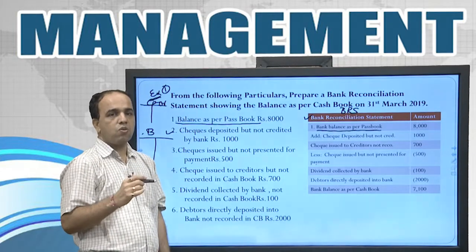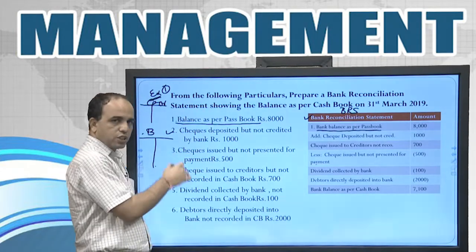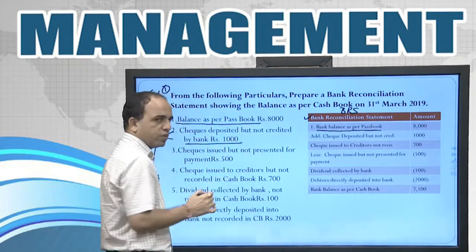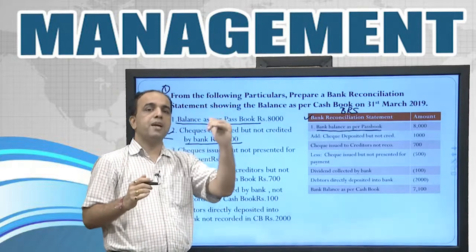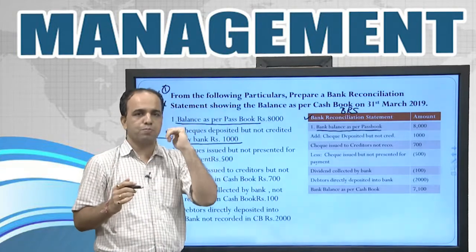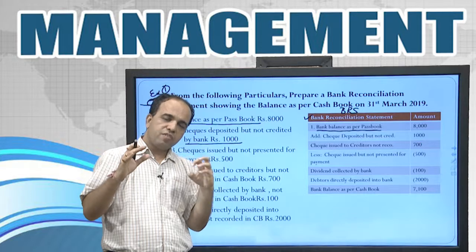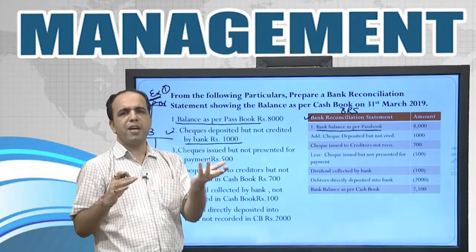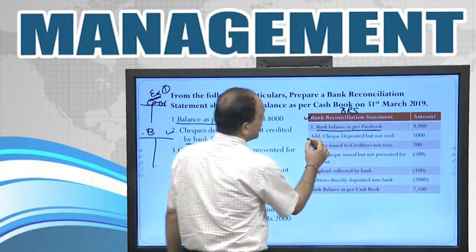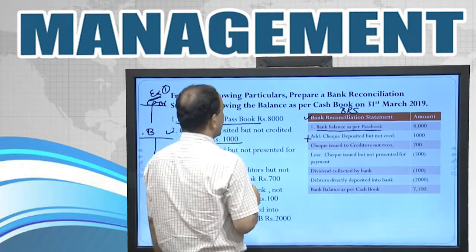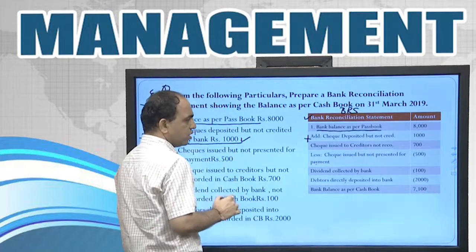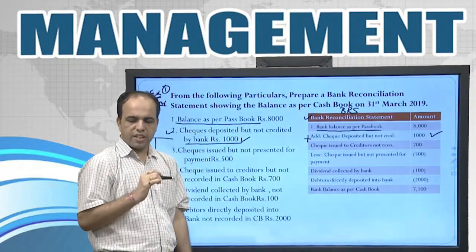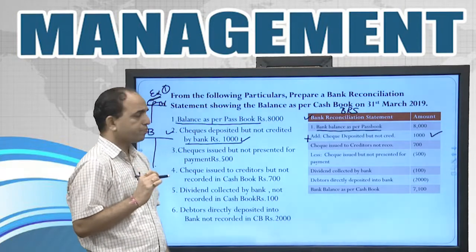But now we came to know from the transactions that a check was deposited but not credited by the bank, rupees 1,000. We have started with bank balance as per passbook, so in the passbook balance we have to add this 1,000, because ultimately if it is deposited, the bank balance will increase. So, add check deposited but not credited rupees 1,000.